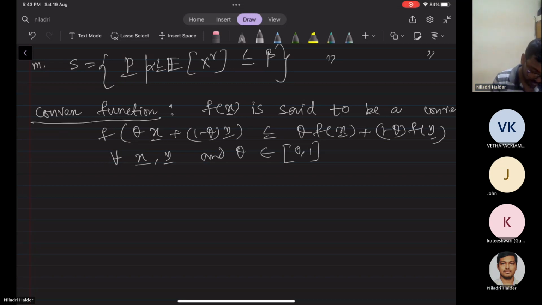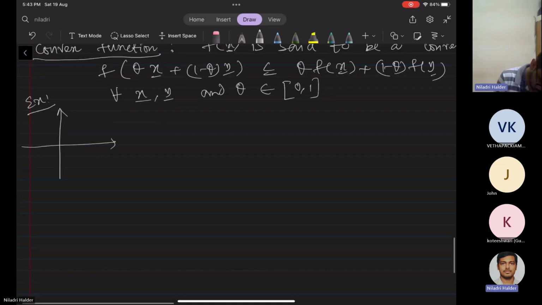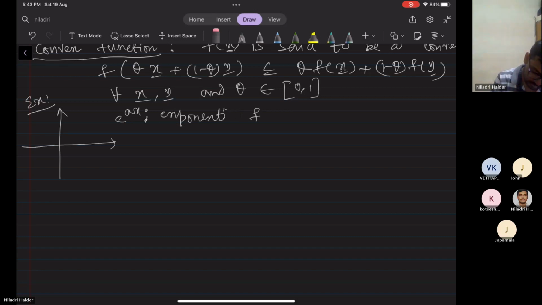Professor has already mentioned that one example of a convex function is the exponential, for a greater than or equal to 0.